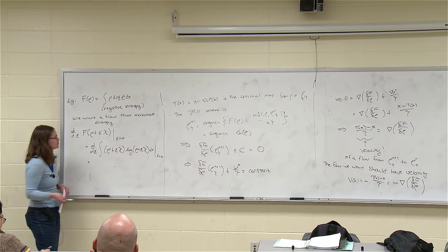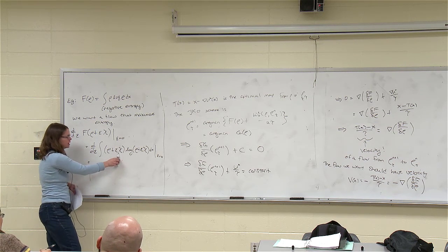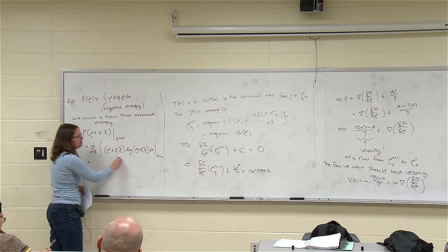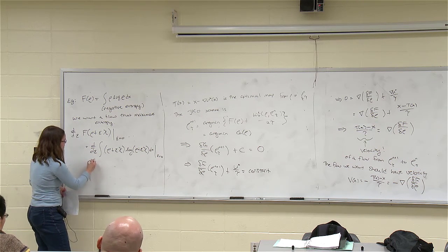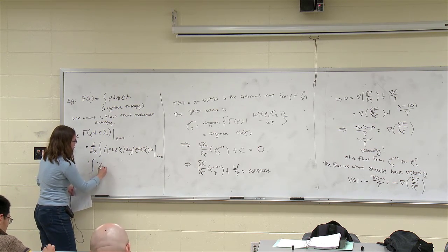Okay, so we take the derivative with respect to epsilon. A derivative with respect to epsilon just gives me a chi times all of this, and I'm going to set epsilon equal to 0. So I'm going to get a term that looks like chi times log rho.